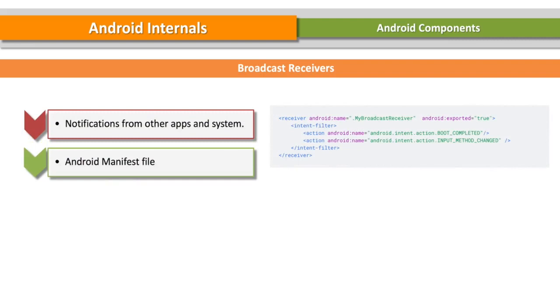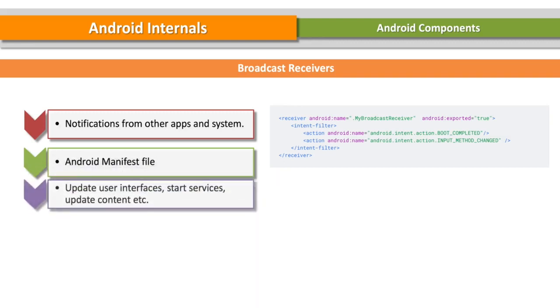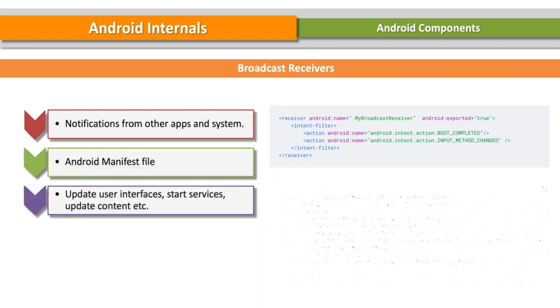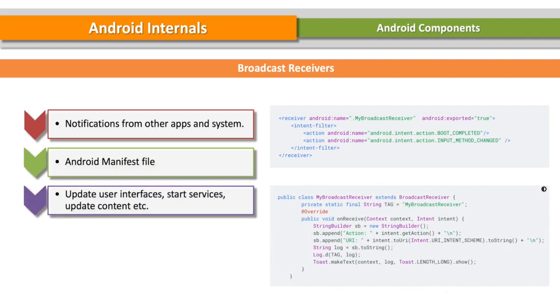One is to declare it in the Android manifest file, and the manifest should specify an association between the broadcast receiver and an intent filter to indicate the actions that the receiver is meant to listen for. The other way is to create the receiver dynamically in code. The broadcast receiver in the following example logs and displays the contents of the broadcast.